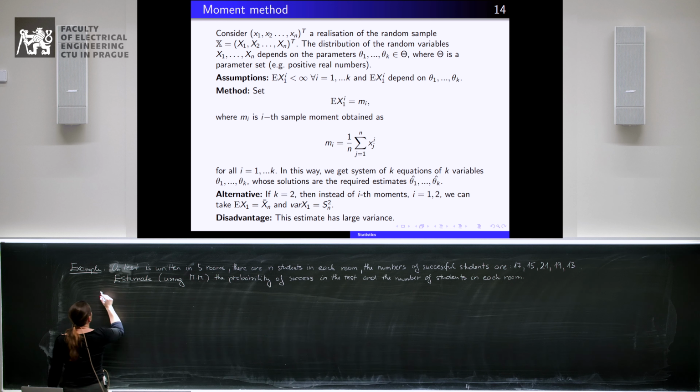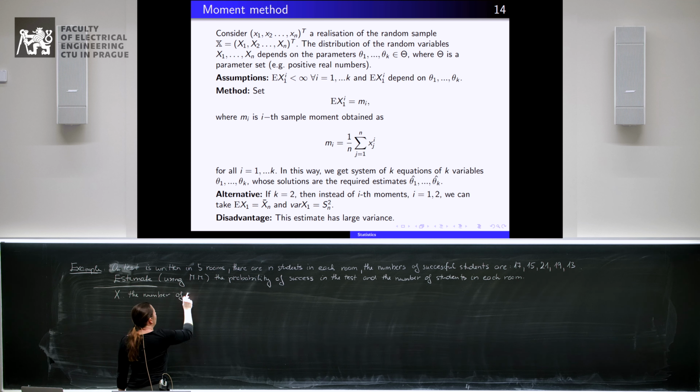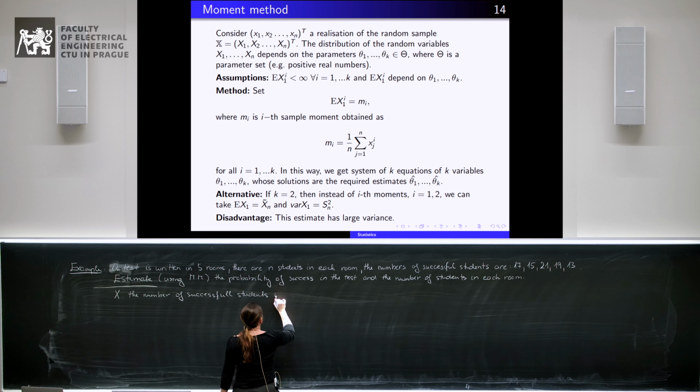So again, we start with some model. We denote X the number of successful students in a room.